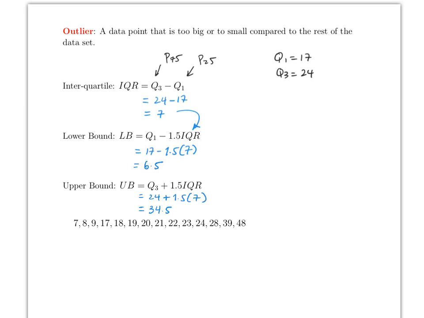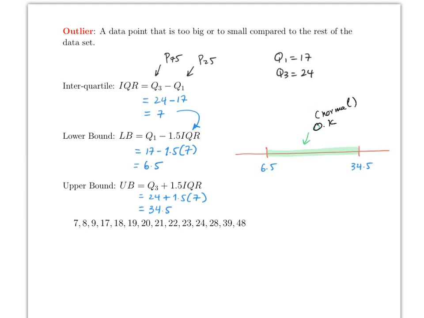All right, so how do we determine if we have outliers or not? This is what you do. Once you find the lower and the upper bound, the lower bound is 6.5 and the upper bound is 34.5. Anything between here and here is okay, or normal, whatever that means.